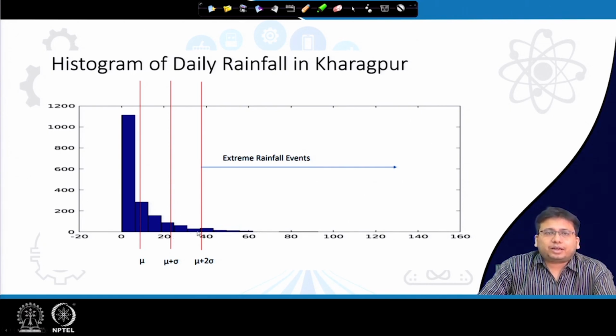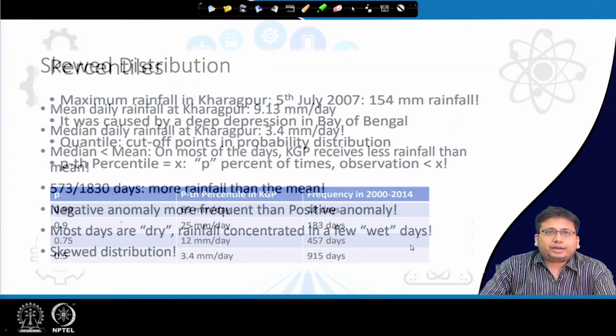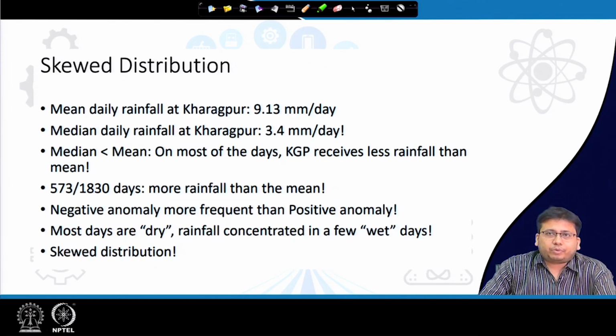As you can see, the thickness of the histogram vanishes at 40 millimeters, but it's not that higher values don't occur. In fact, a value as high as 154 millimeters also occurs. That's why we say that it's a distribution with a very long tail. Now many geophysical variables have this kind of a long tailed property.